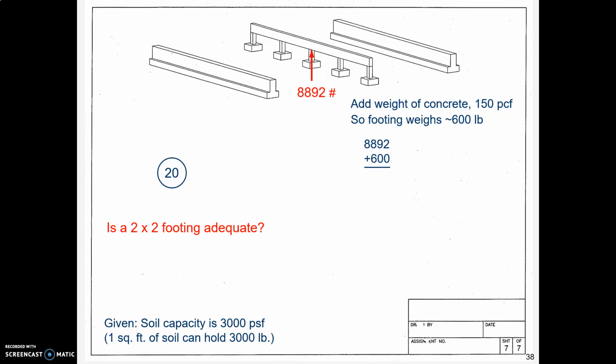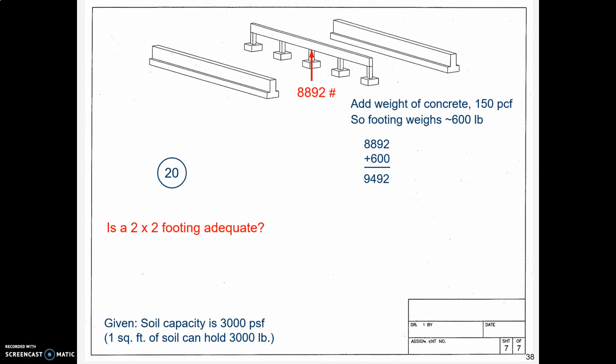So if we've got 8892 pounds coming down and we add another 600 pounds for the concrete, we wind up with 9492 pounds sitting on that piece of soil.